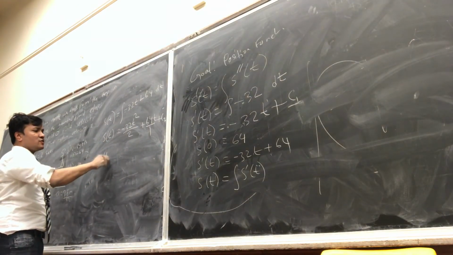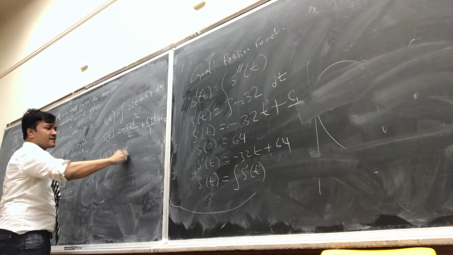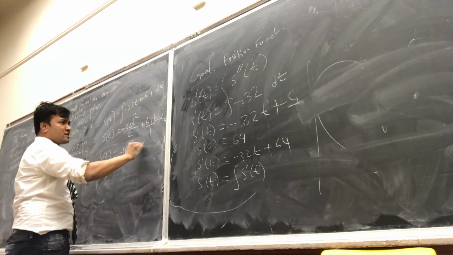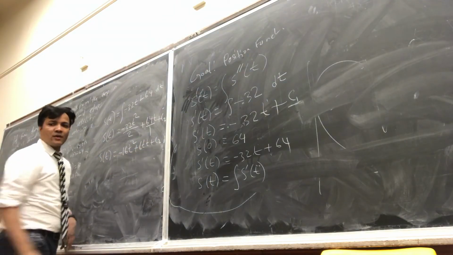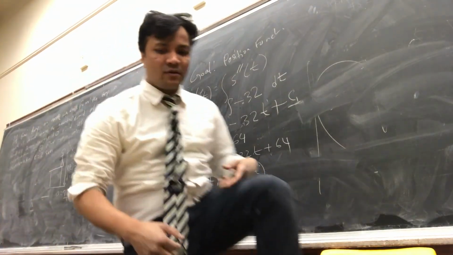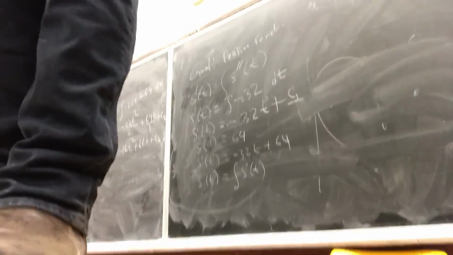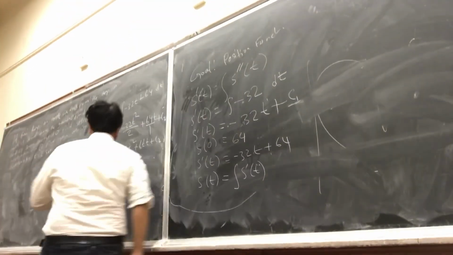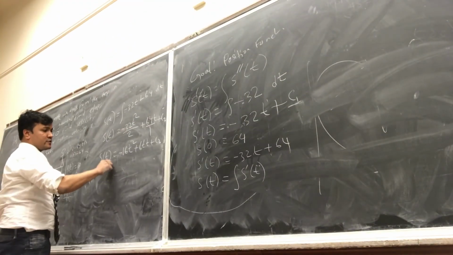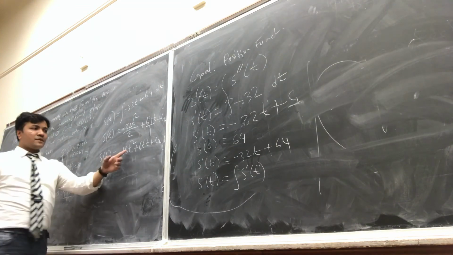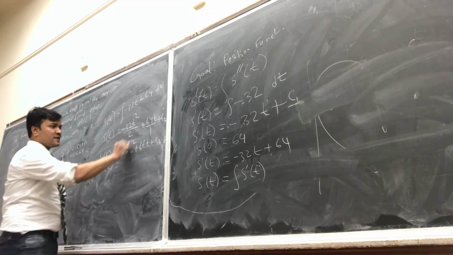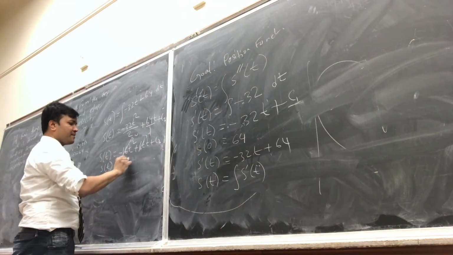So now s of t is equal to negative 16t squared plus 64t plus c2. Now when I was on the table, what was my position? 80. So what is my c2? When t was 0, what was my position? 80.